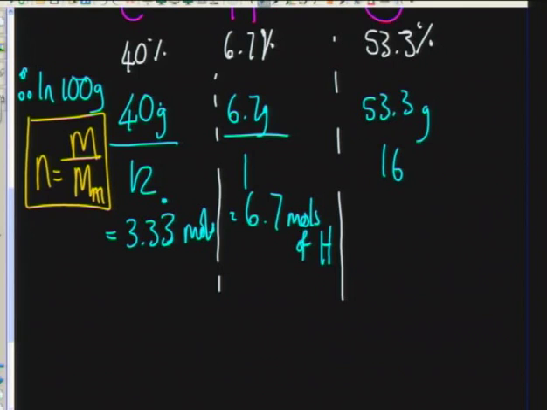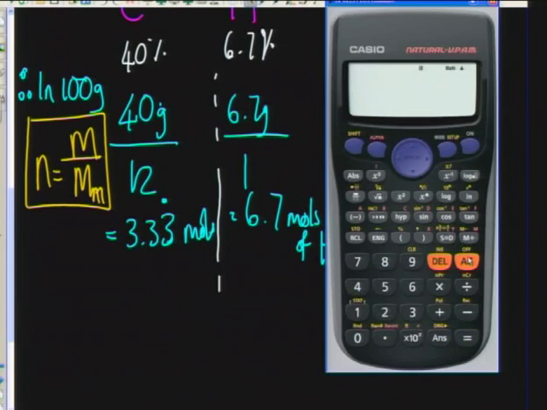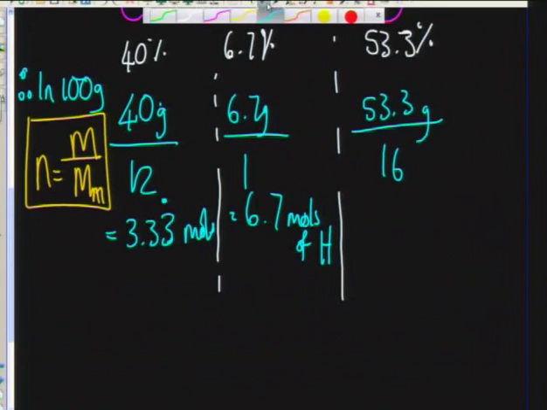The last one, 53.3 grams divided by 16. So let's go 53.3 divided by 16 grams in 1 mole, and we get 3.33.